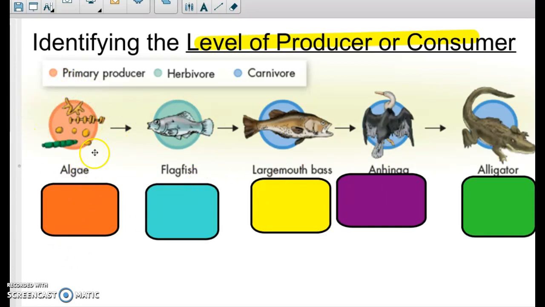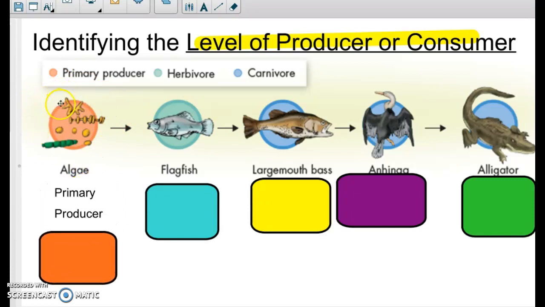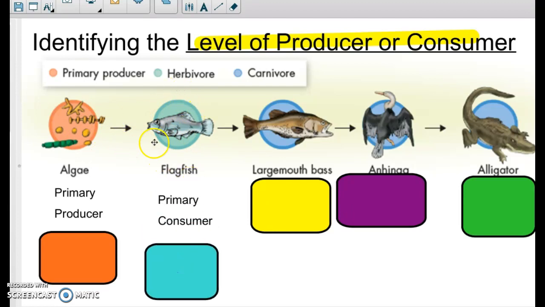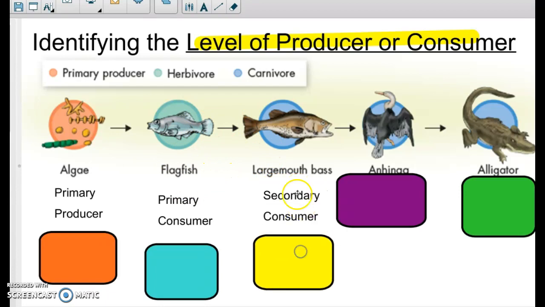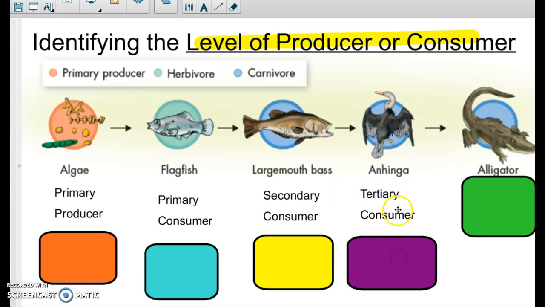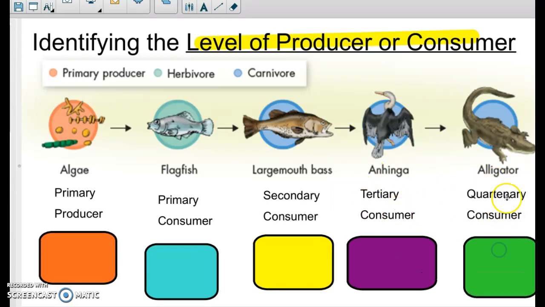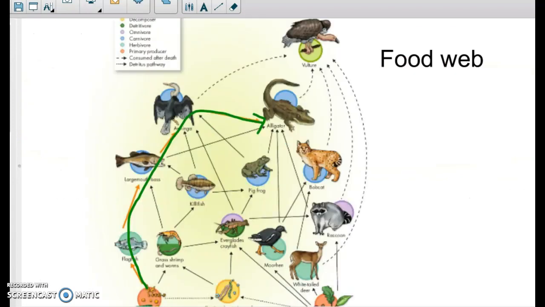At the very bottom, the first organism is called the primary producer. What eats primary producers is called the primary consumer. What eats the primary consumer is called the secondary consumer. Then you have the tertiary consumer, and sometimes the quaternary consumer. This is what we call each organism as you move up each level of the food chain.